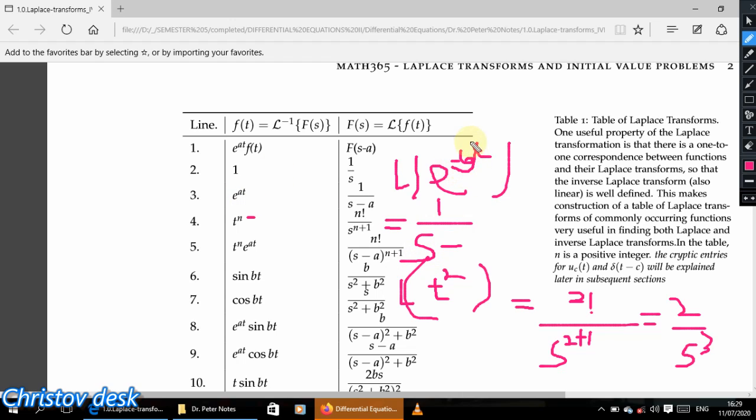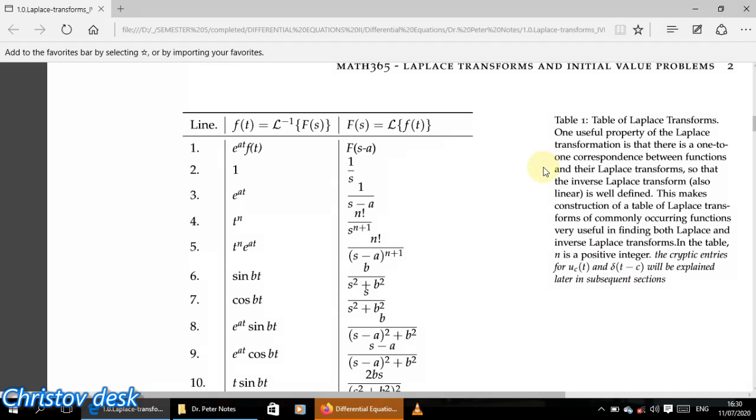In our case, a is minus 6. So minus, there is another minus 6. You close it. That is going to give you 1 divided by s plus 6. So that's how you take the Laplace of exponential functions. This is an exponential function and this is a power function. So you take the Laplace through this technique.